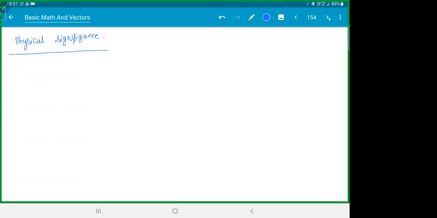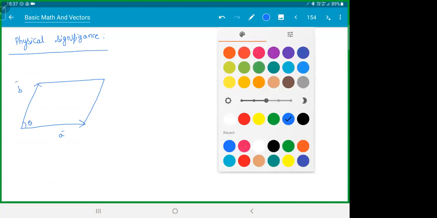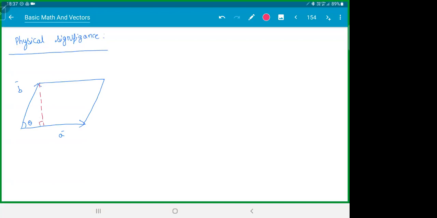The physical significance. If you take a parallelogram with sides A bar and B bar with an angle theta, the height will be B sine theta. Area of a parallelogram is nothing but base into height.